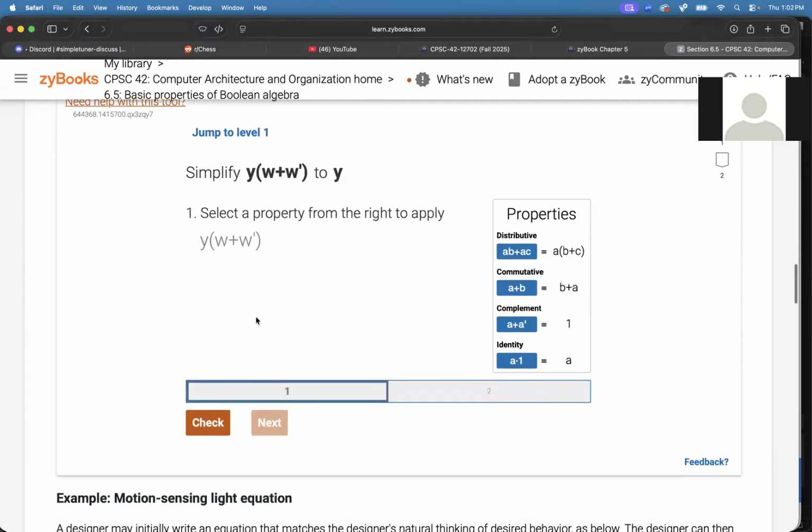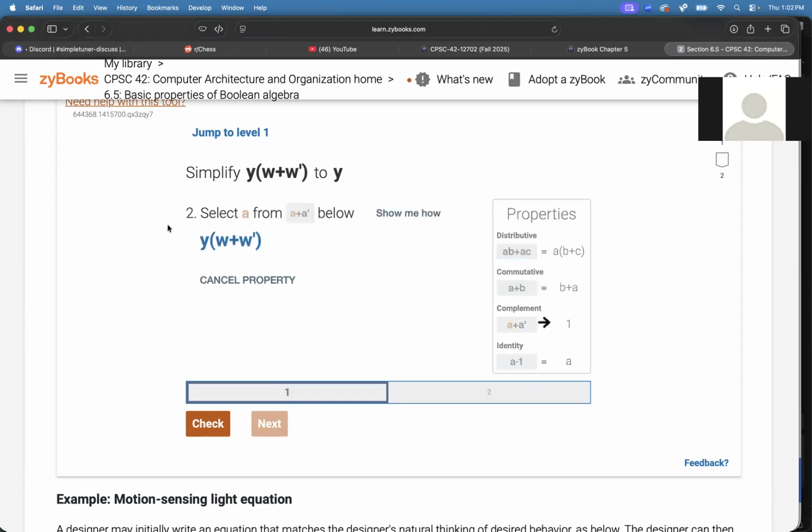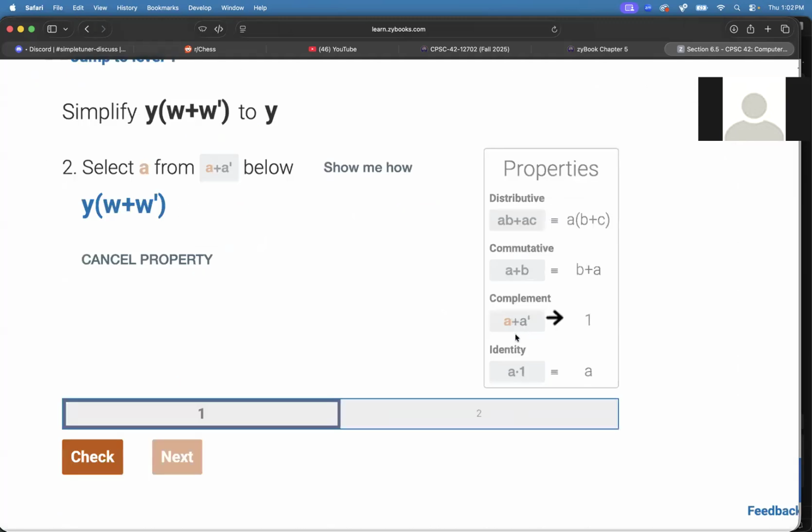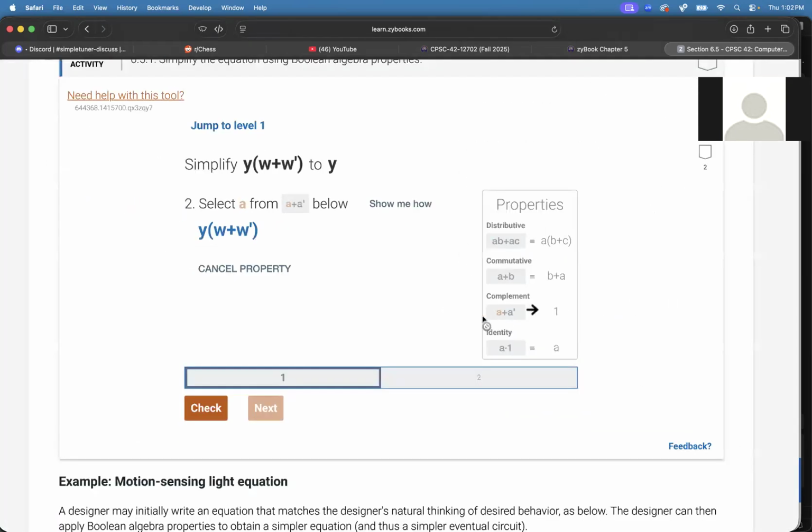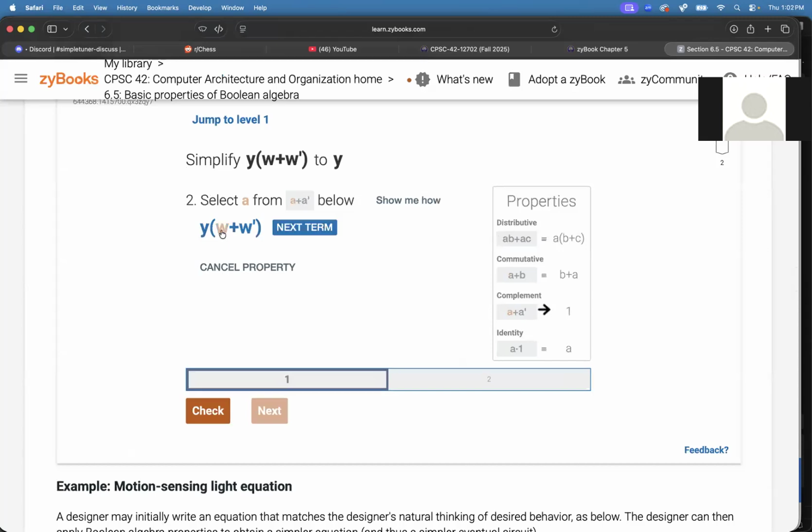Next. So here's our expression. We click the property, and then I think I click on the W plus not W. I'm going to click it. Oh, okay, never mind. I'm going to restart. Once we've selected this, you see it's highlighting the A. So you click the W, and then I think we click the not W, and then we click next.